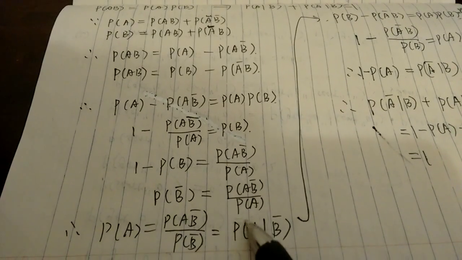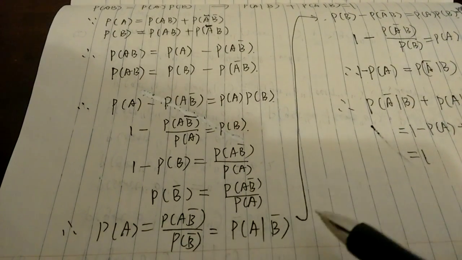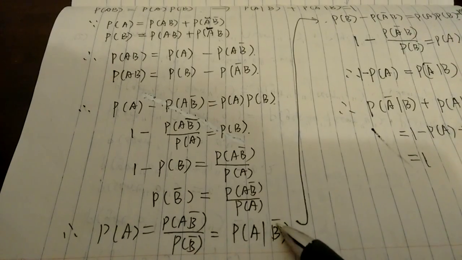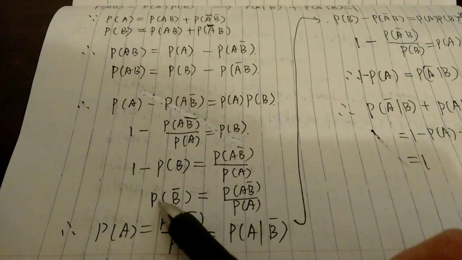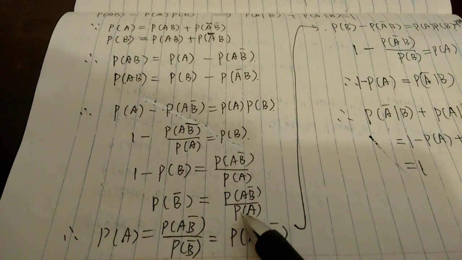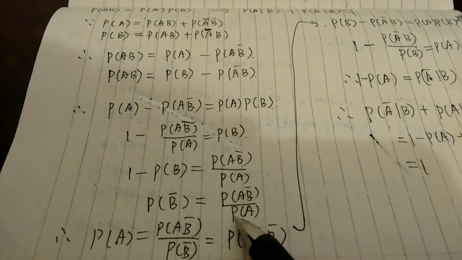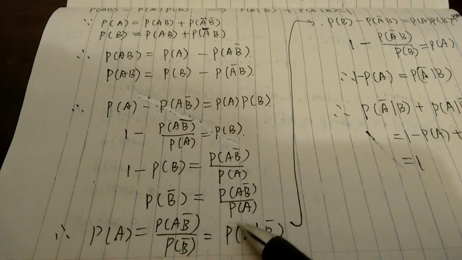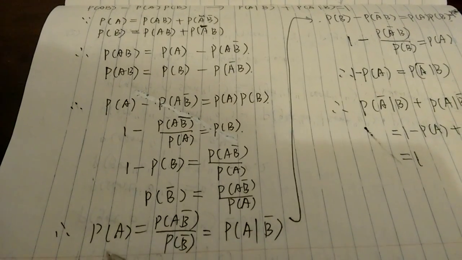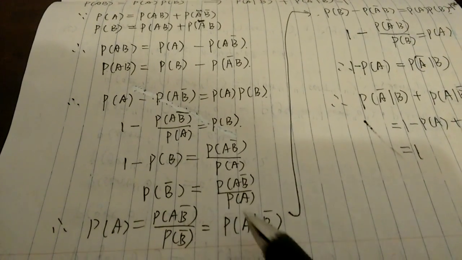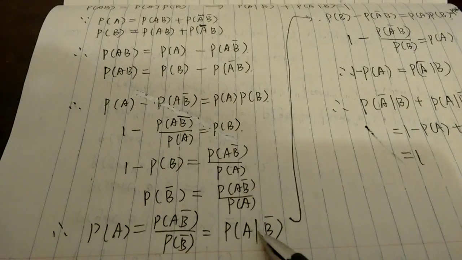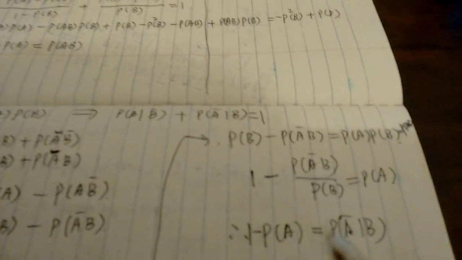and we know that probability A equals probability A given B complement, because we know that this is a conditional probability equation. We could use this to get probability A equals probability A given B complement. And we also could rewrite this equation like this.